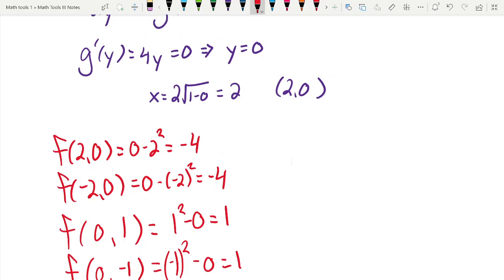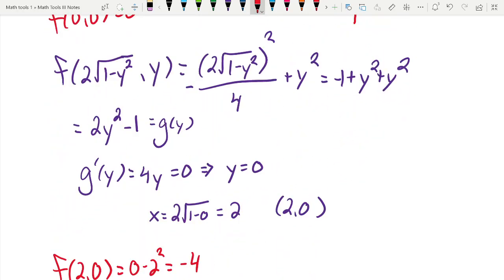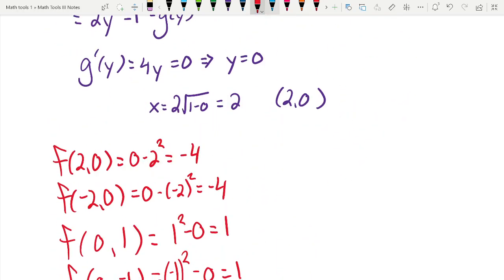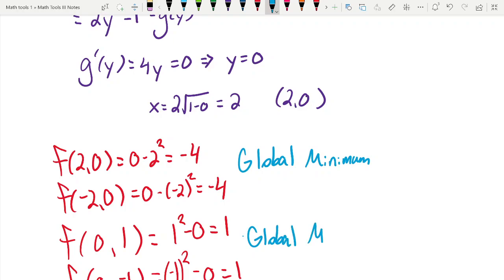And our critical point was at negative 4. So that means these right here will be the global minimums. Okay, and these right here will be the global maximums. Okay, and that's going to be it for that one.